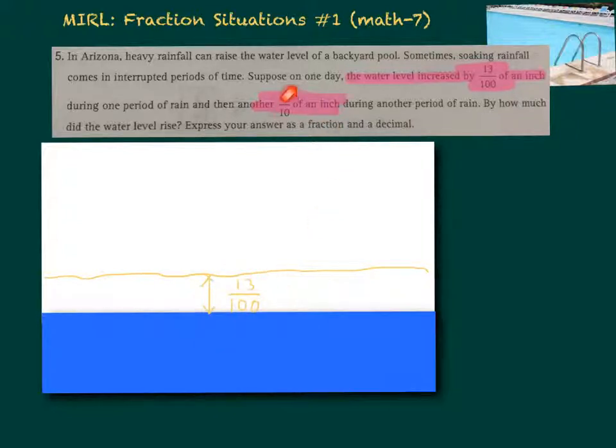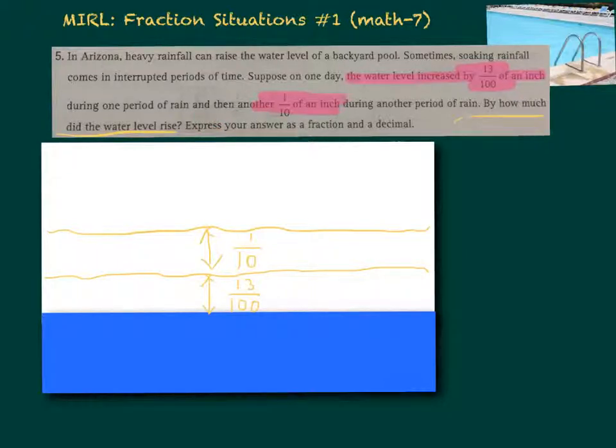And then I'm going to mark down another one, the 1/10 of an inch. Okay, and so the question is, by how much did the water level rise?